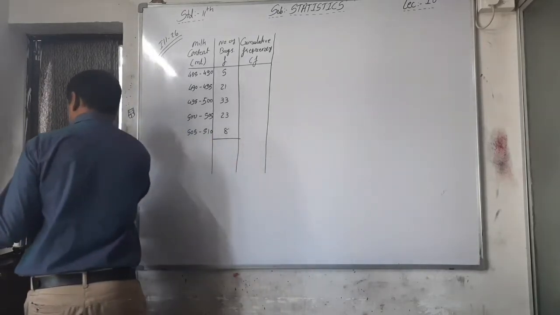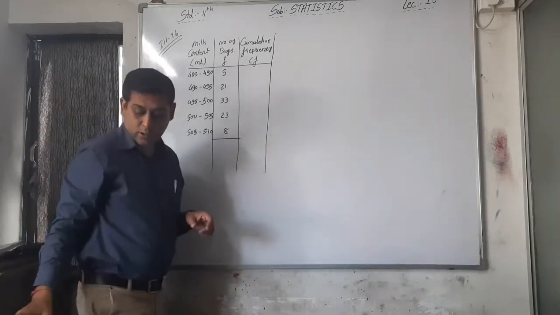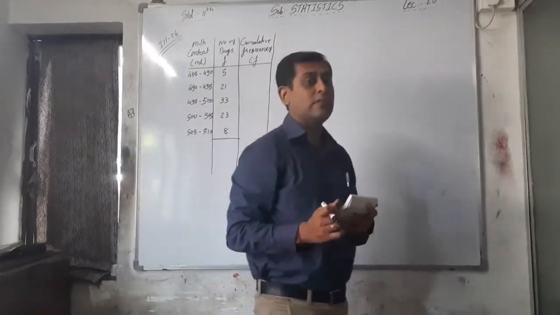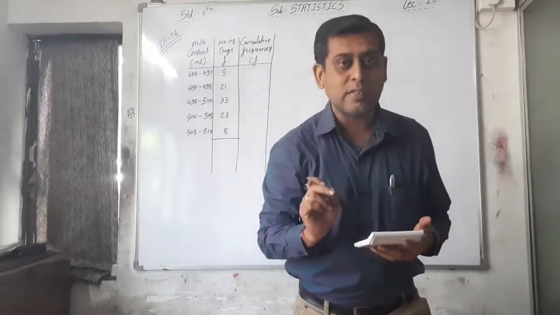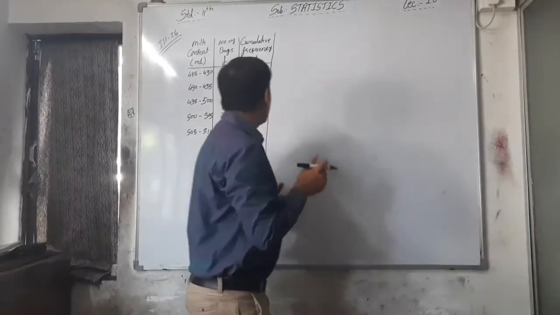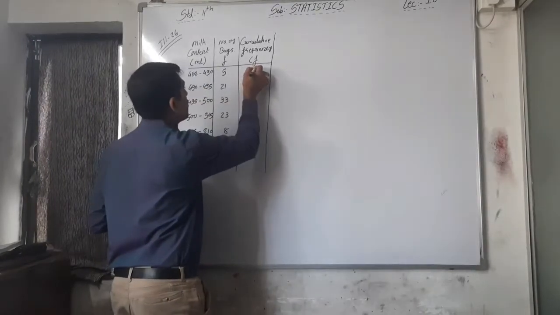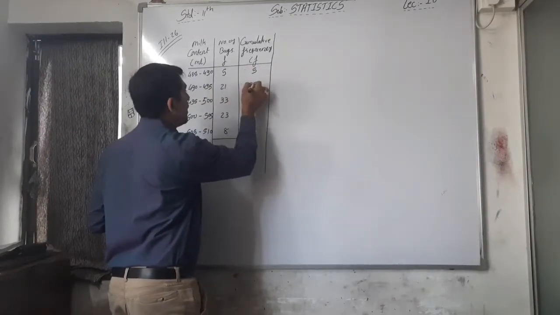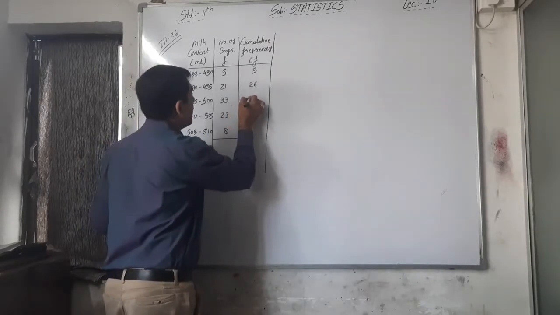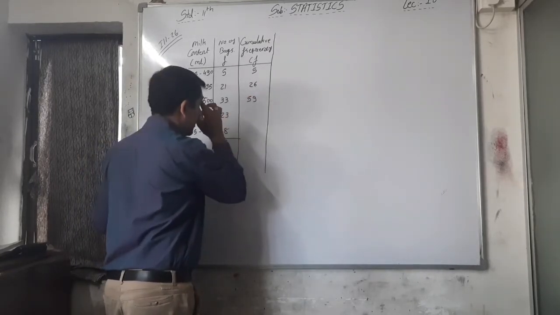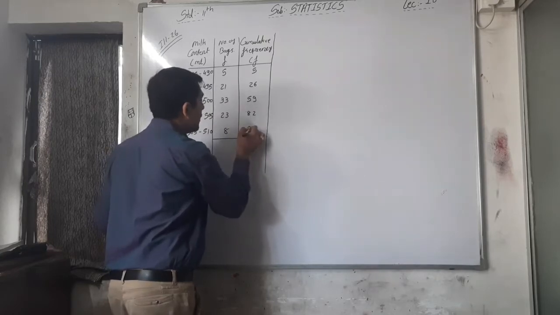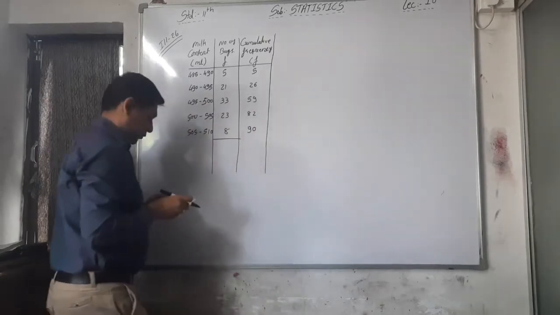What is the total first? Make the total, or you can say here, if you find out the cumulative frequency, your last cumulative frequency is the total of your frequency. So in the cumulative frequency you have to write just 5 plus 21, that is 26, plus 33, that is 59, plus 23, that is 82, and then plus 8, that is 90.